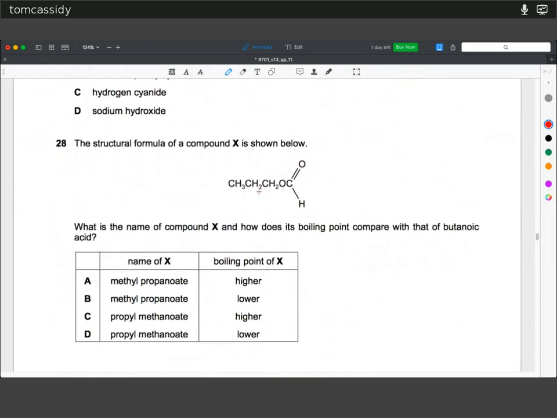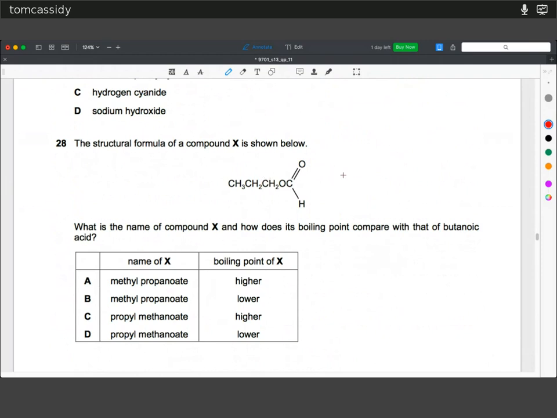Okay, so this one is a bit odd because what they've done is they've drawn a structural formula here, and it looks really, really odd because there's some kind of oxygen atom between the carbon there and this carbon chain here. And because that looks odd, you've got to have your radar immediately spooked by that.